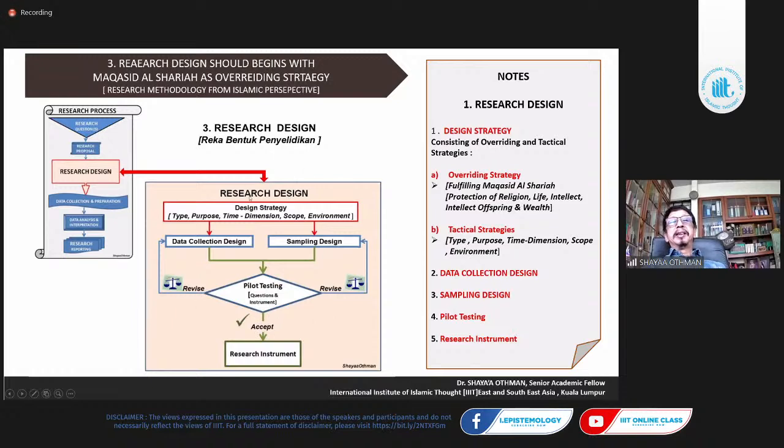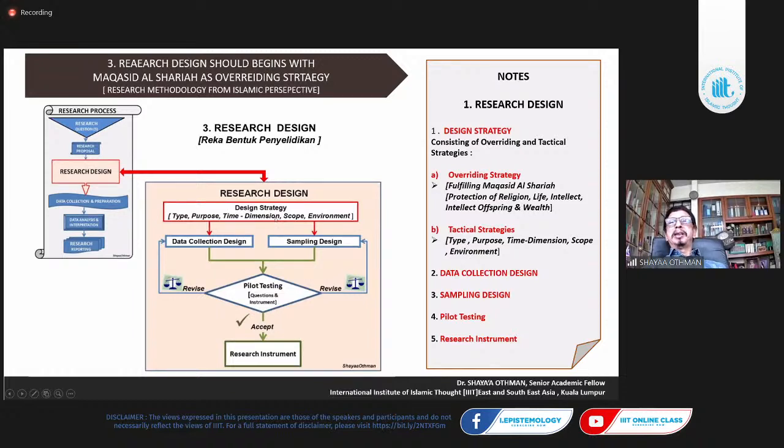Research design consists of type and purpose. You must have your strategy, the purpose, and the time dimension. You cannot do research for the next 10 years. Your research design must have a time dimension.